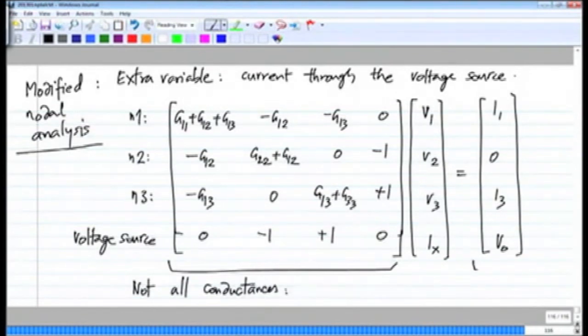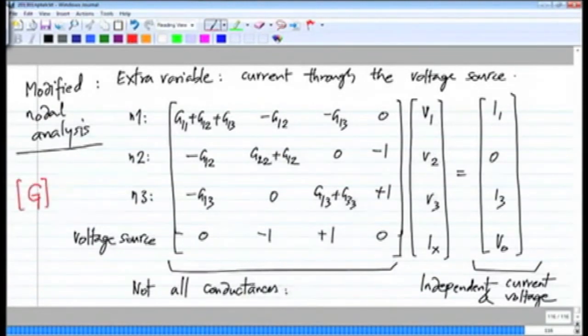Now on the right side we have the vector of independent sources. It's not just independent current sources. Now we have independent current and voltage sources. But otherwise the structure is exactly the same as before, which is the matrix G. As I said, I still continue to call it G, but not all elements in this are conductances.